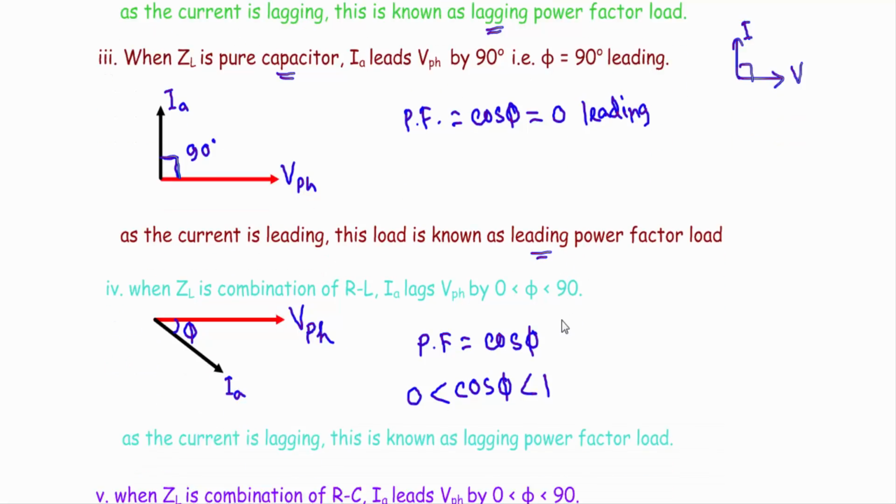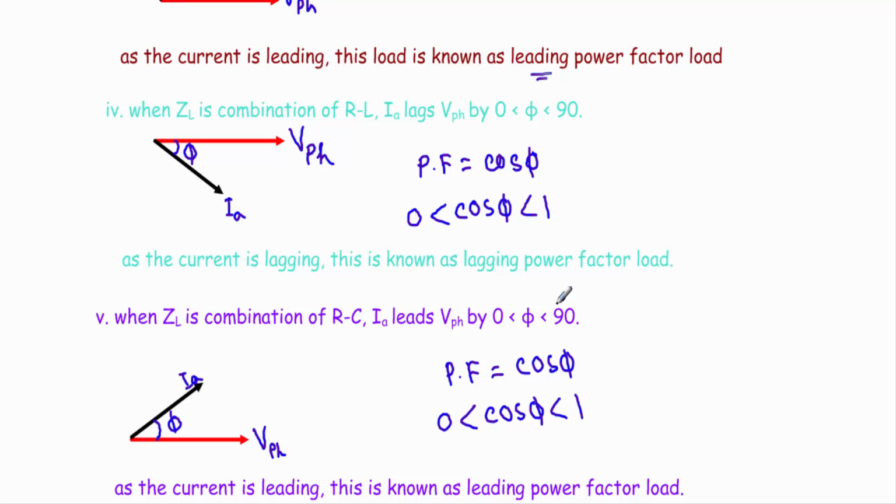Okay, if I use the series combination of a resistor and inductor, in case of series, voltage and current go in the same direction. In case of an inductor, the current goes 90 degree lagging from this voltage.